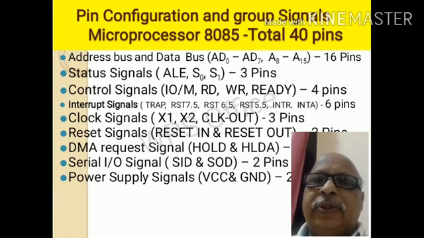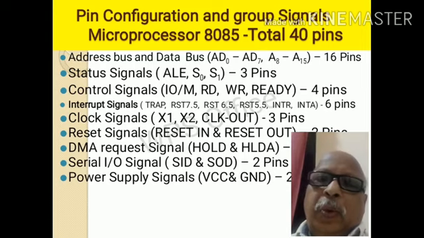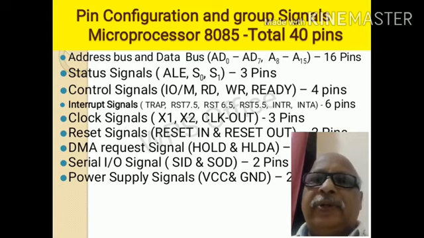That means the address is 16 bit and the data is 8 bit, but only 16 pins are used for the address bus and data bus. So multiplexing is used for this. The same pins are used for address as well as for data. Then there are 3 pins for status signals, that is ALE, S0 and S1.